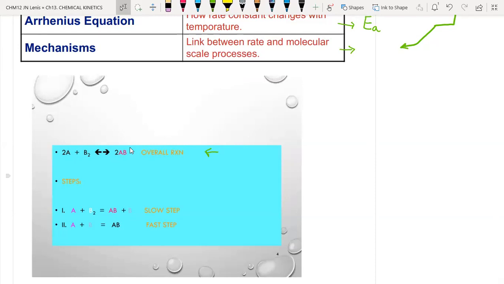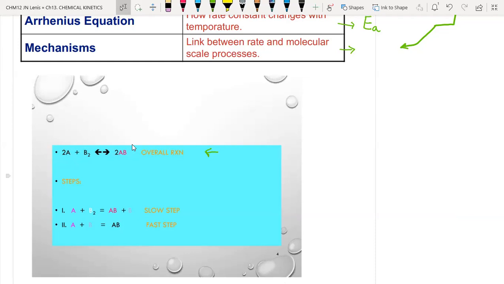The overall reaction, usually the equations you have seen so far in Chem 11 and Chem 12, were all overall reactions because they show the whole thing, just the reactants and the products. What is the initial material and what is the final material? That's it.